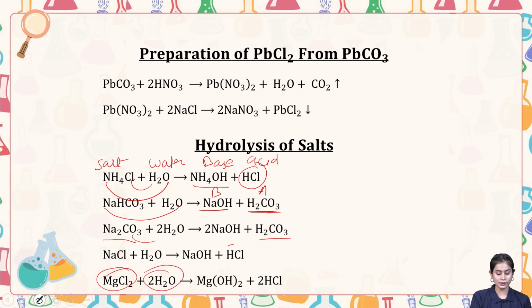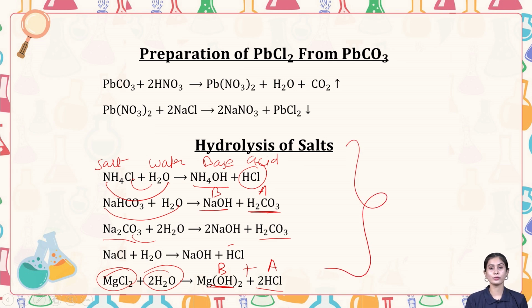See the molecules: MgCl2, so 2 molecules of H2O give Mg(OH)2, the base, and the acid is 2HCl, 2 molecules of HCl. So yes, this is the hydrolysis of salt. With this we complete all the important reactions in your chapter on acids, bases and salts. Review it, go through it and keep revising. Thank you.